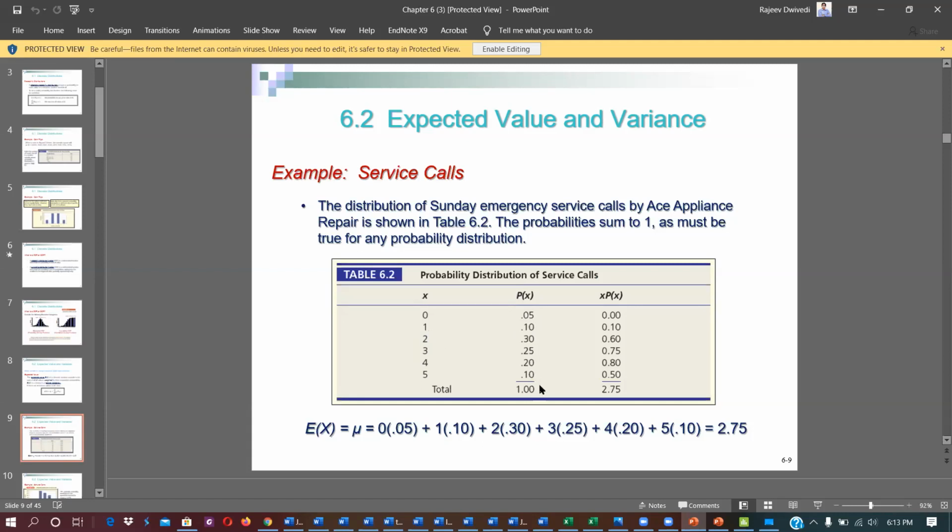Total probability should not be more than 100% or more than 1. Then what is the expected value? The expected value E(X) equals multiplying these and then summing all these events. We have 5 events here, 0, 1, 2, 3, 4, 5, and the expected value is 2.75.